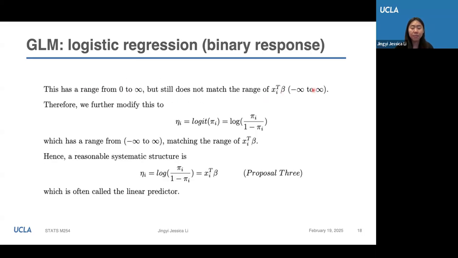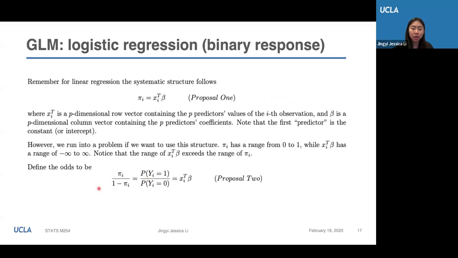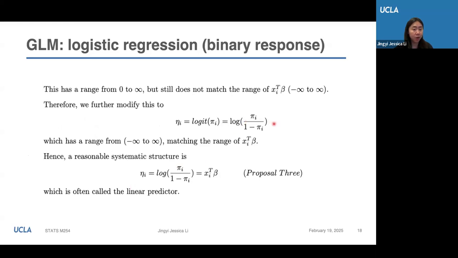Still don't match. How about we further modify it? That is, we put a log around this odds ratio. Because log can only take positive input, but it will give a negative output if the input is less than 1. In other words, you can see log of 0 is negative infinity.